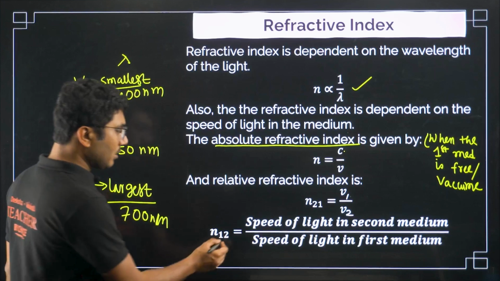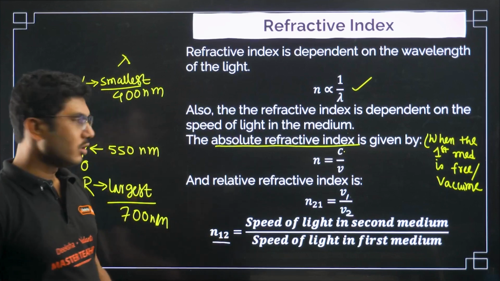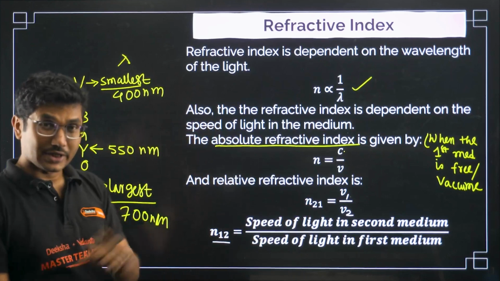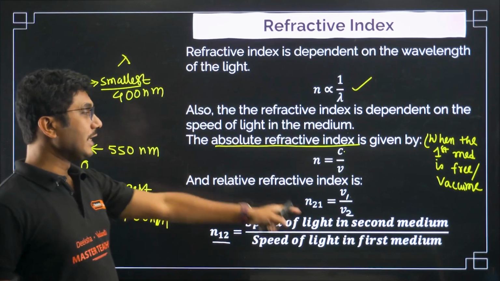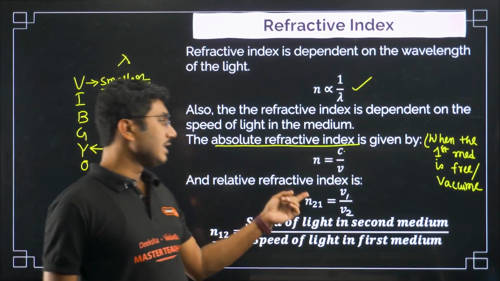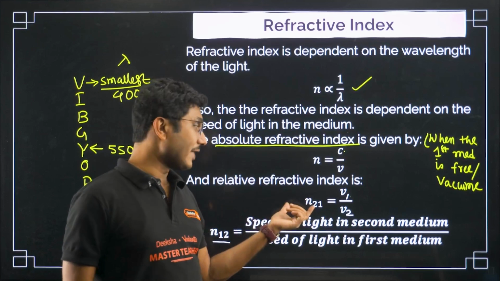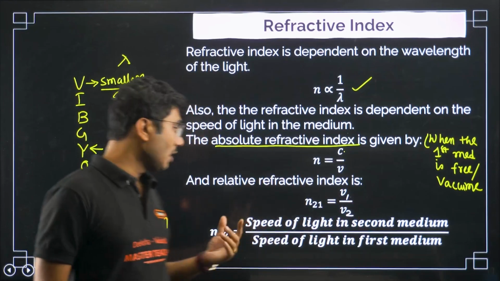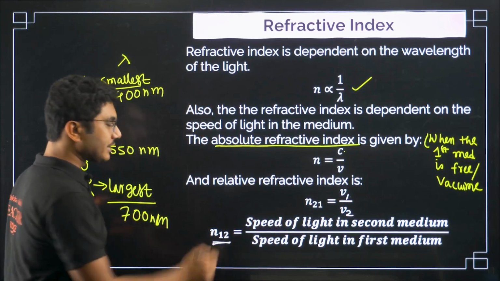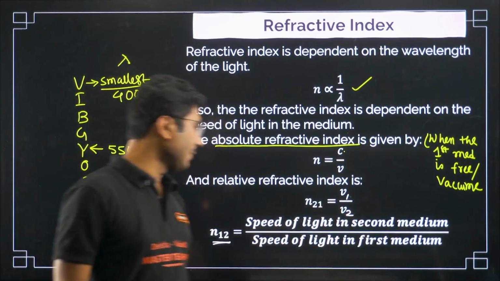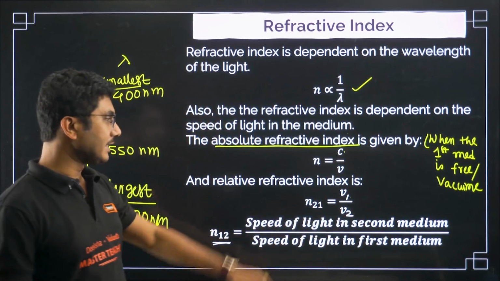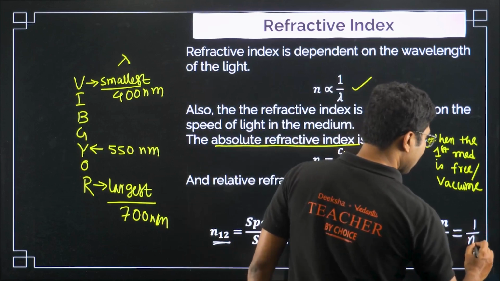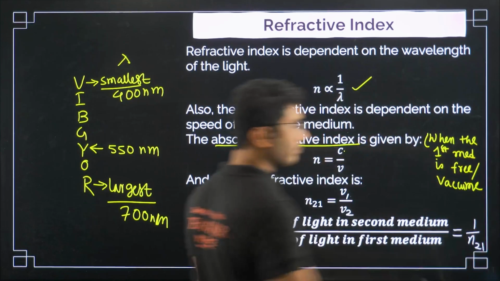So this is how we compare the speed of light in different mediums. I told you there is a relationship. N21 is the refractive index of the second medium with respect to the first medium, and N12 is the speed of light in the second medium divided by the speed of light in the first medium, and it is equal to 1 by N21.